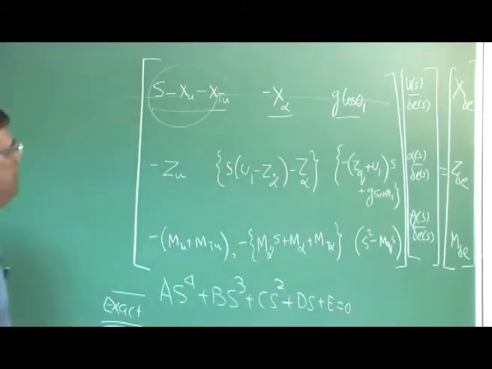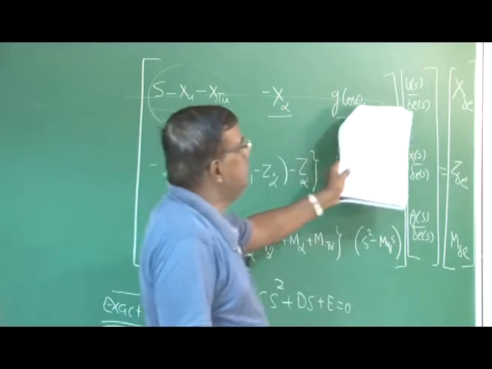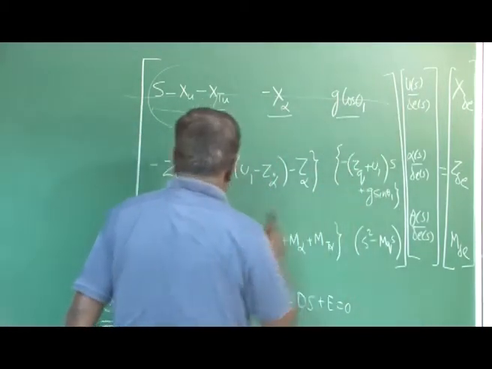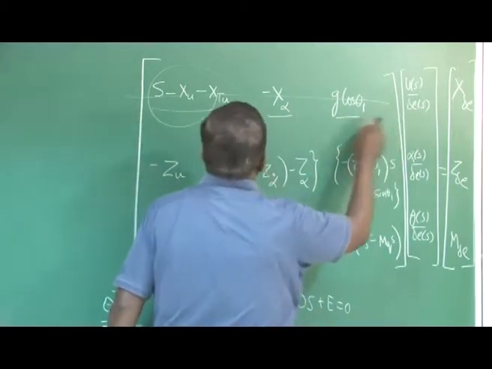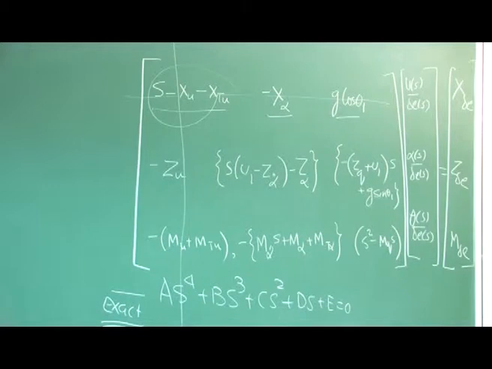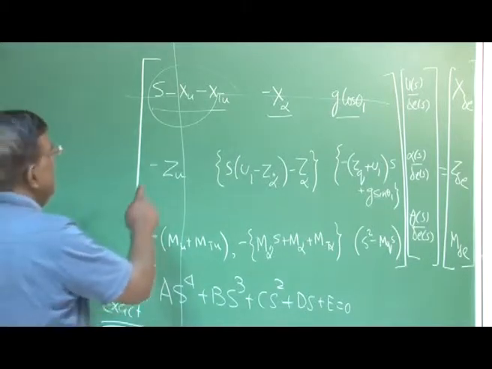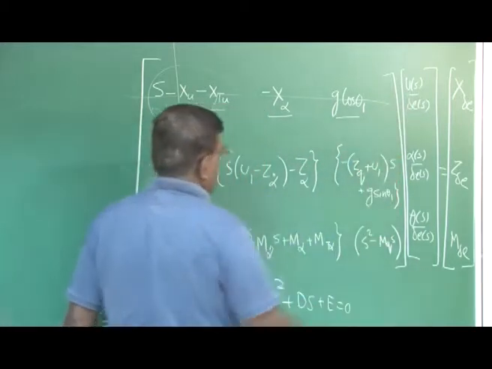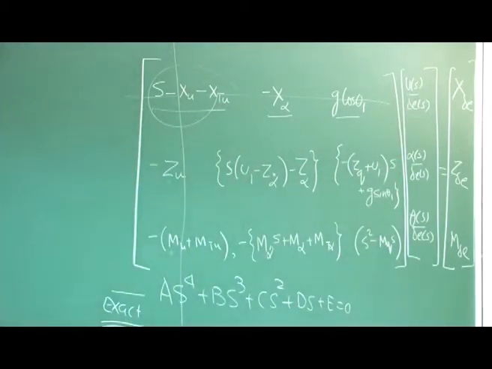Second thing we realize, since u of s, this perturbed u is 0, this multiplied by this becomes 0, this multiplied by this becomes 0. So, we also delete this. Okay, clear? See, this into this into this makes no sense. So, we also delete this part of the matrix.